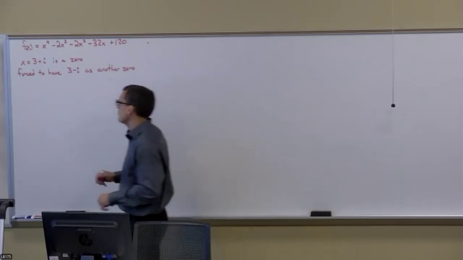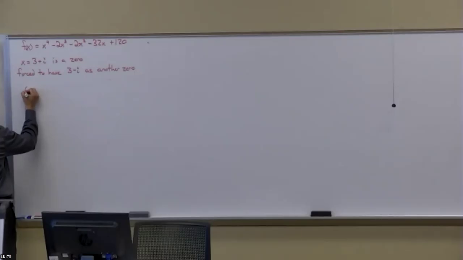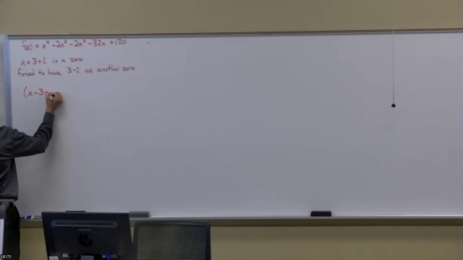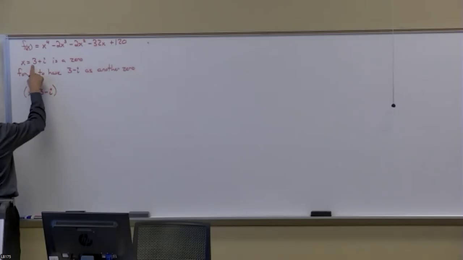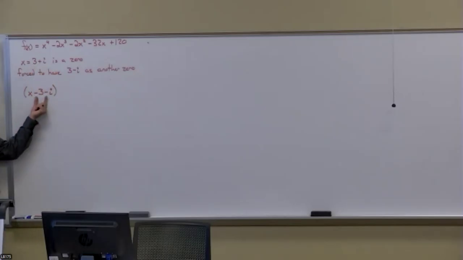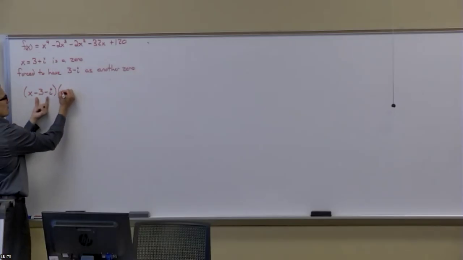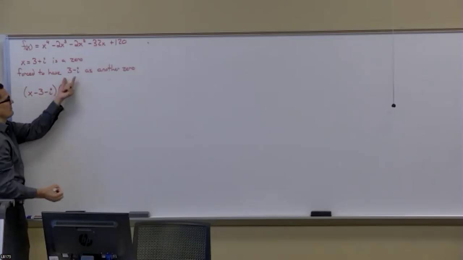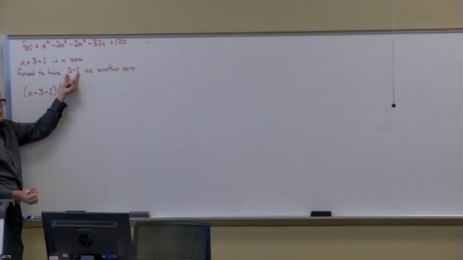So instead, what I like to do is a second option of seeing that x minus this number, by the way, I'm distributing the negative sign, so minus 3 plus i is minus 3 minus i, that's going to be a factor. And also, x minus this number is going to be a factor.